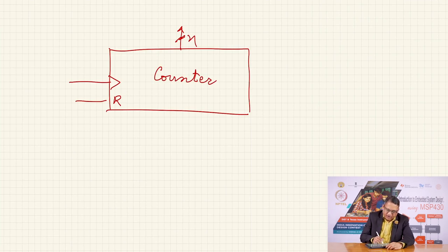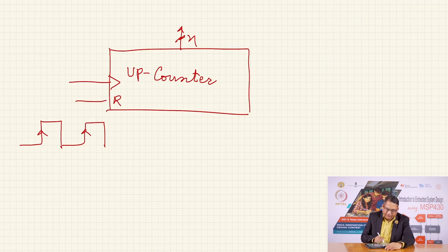Thereafter, for the given configuration of the clock signal, every time there is a rising edge, the count will increment by 1. If this was a down counter, then it will decrement by 1.